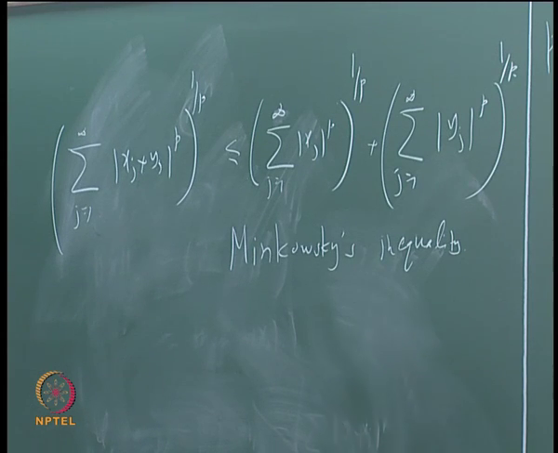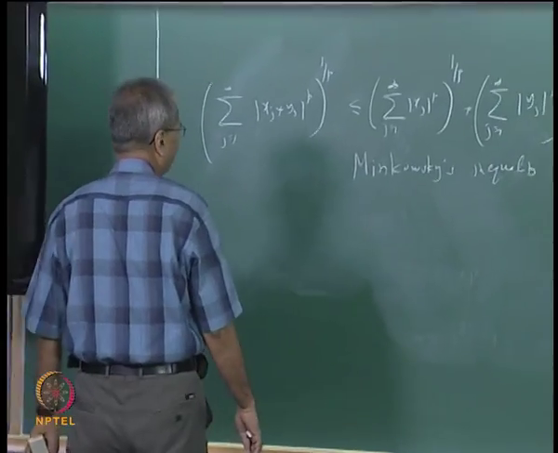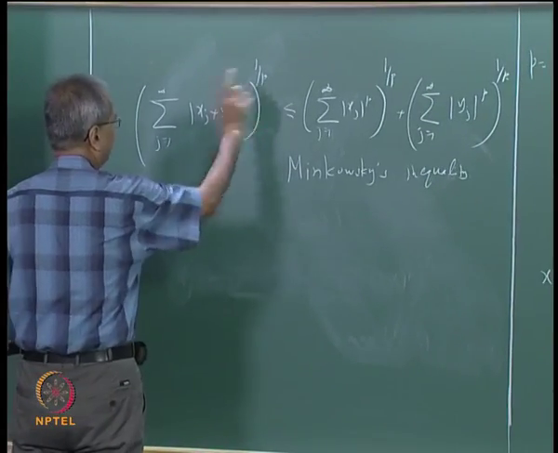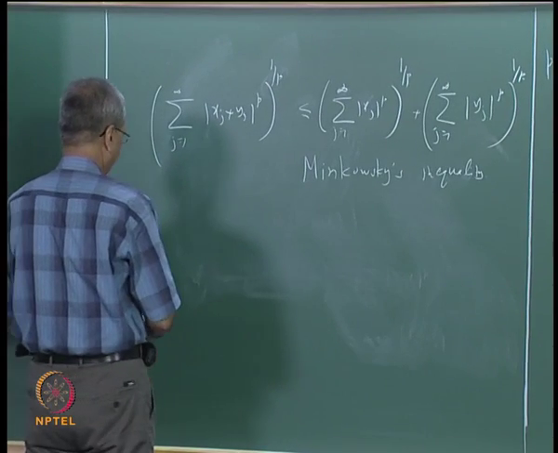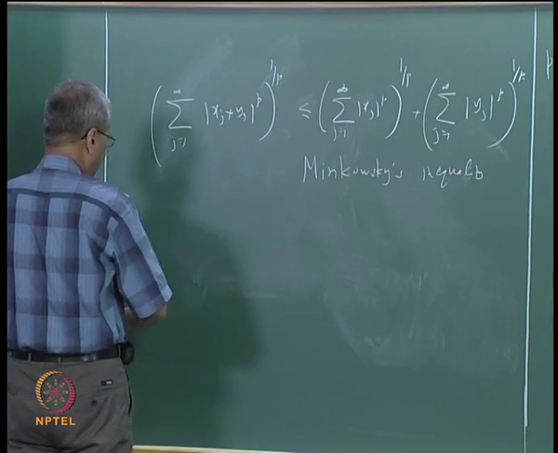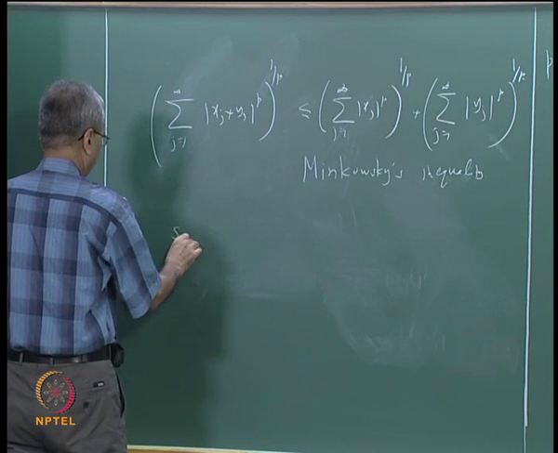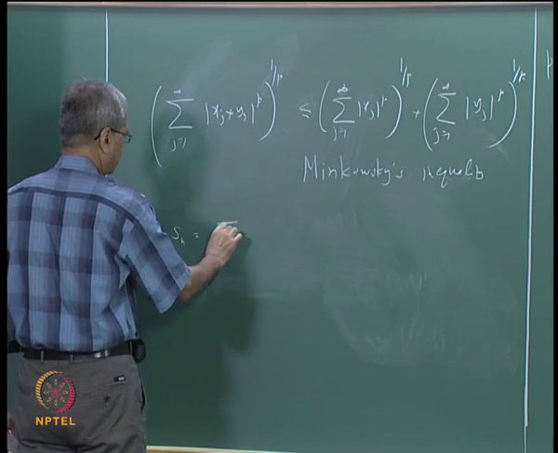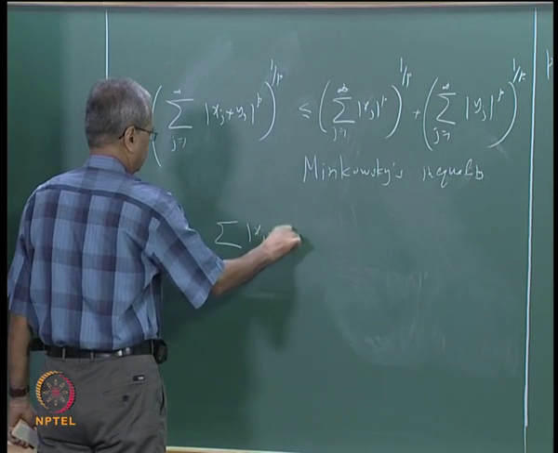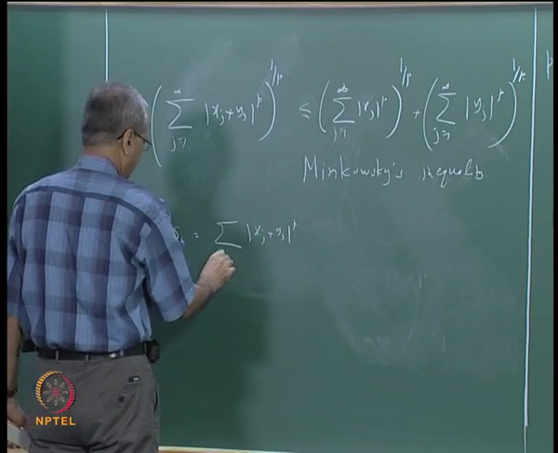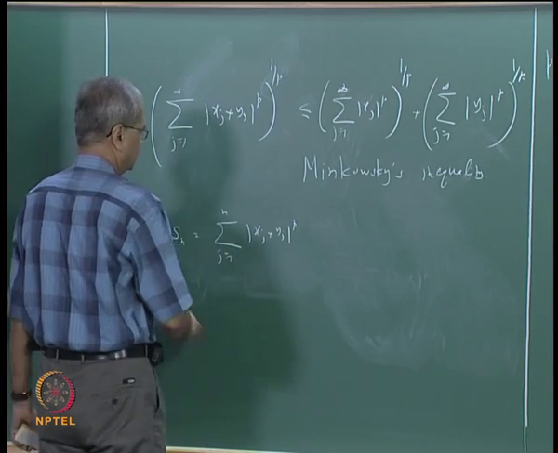So suppose we consider the sequence of partial sums. For the time being I will forget about this power 1 by p, and just consider the partial sum of this series. Suppose I call it Sn, Sn is sigma mod xj plus yj to the power p, j going from 1 to n.